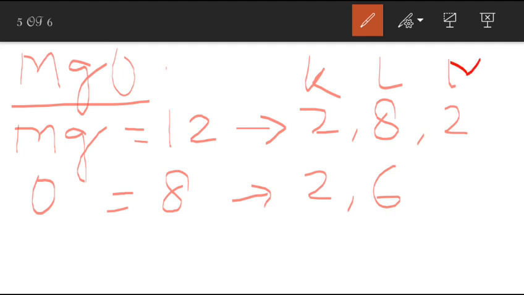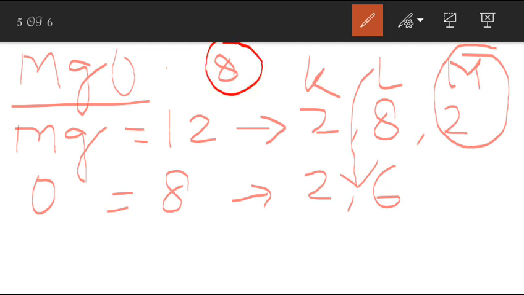K shell, L shell and M shell. So the valence shell of magnesium is M and that of oxygen is L. M as well as L shell must possess how many electrons? Maximum of 8 electrons. So here magnesium needs 6 electrons to become stable and oxygen needs only 2 electrons to become stable.